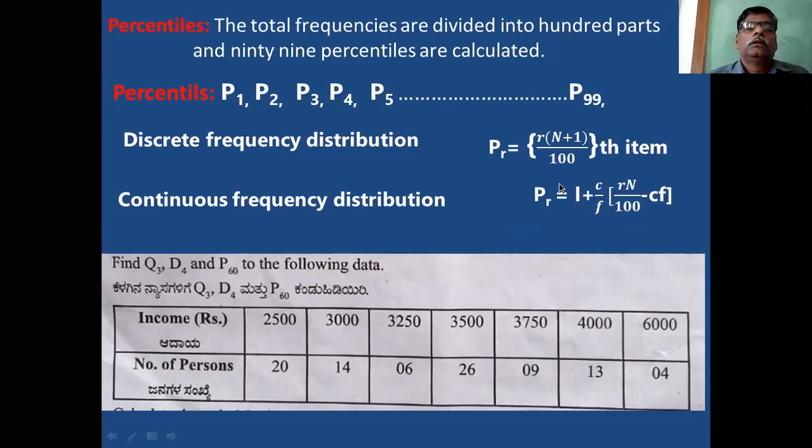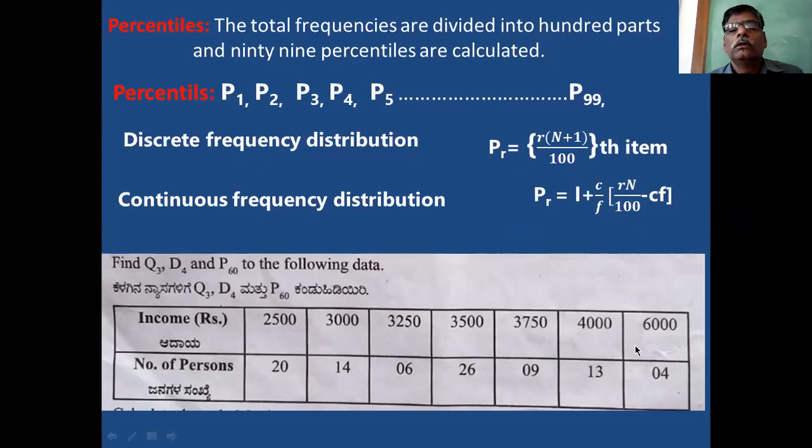Okay. So you remember, these two equations are to be applied for percentile. If the discrete frequency distribution is there, you apply the first equation, and the second equation for the continuous frequency distribution. And this problem is discrete frequency.